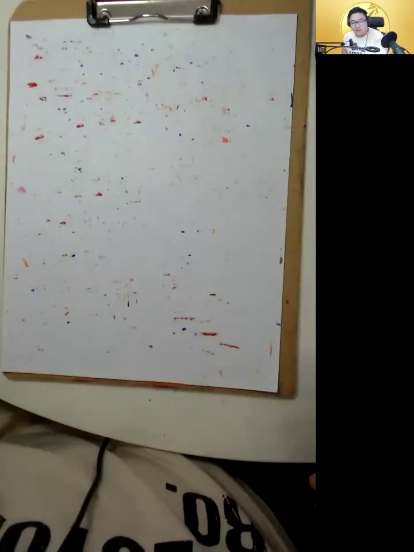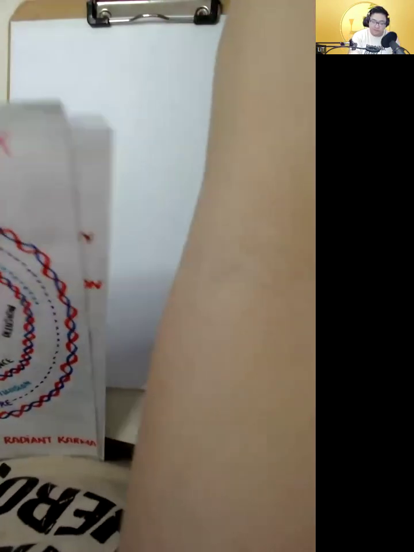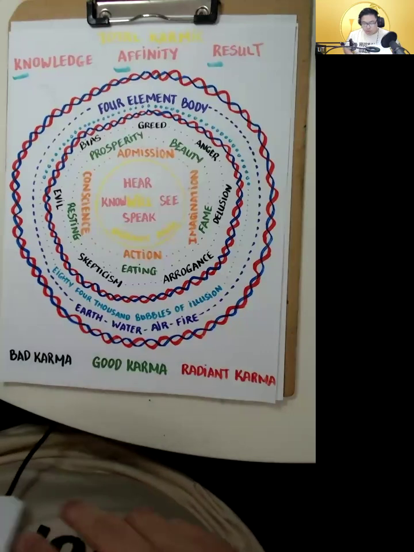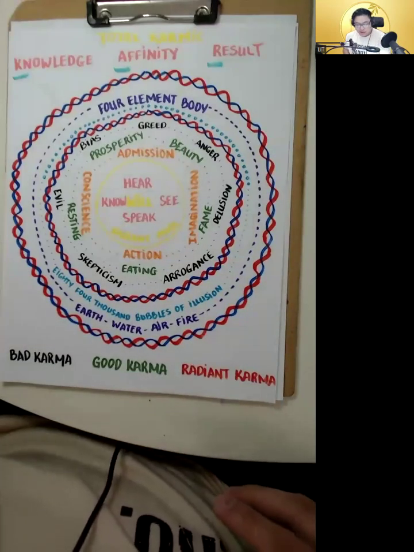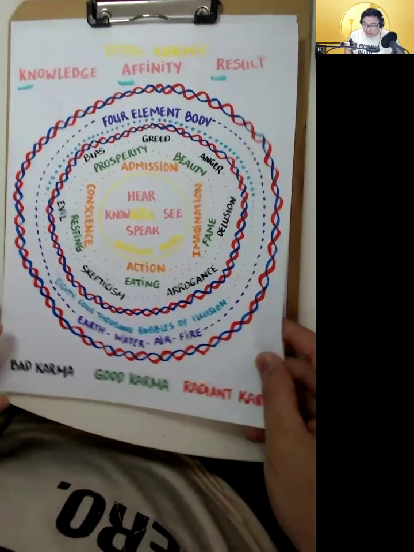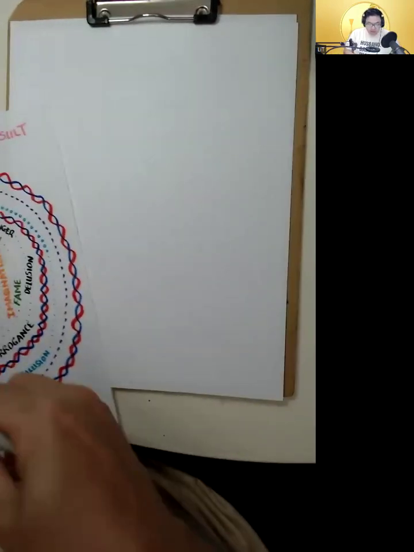At this time, I would like to invite you to grab another piece of paper. For the will to hear, the will to see, the will to speak, and the will to know, surrounded by radiant aura, to keep it simple, let's go ahead and draw a circle.